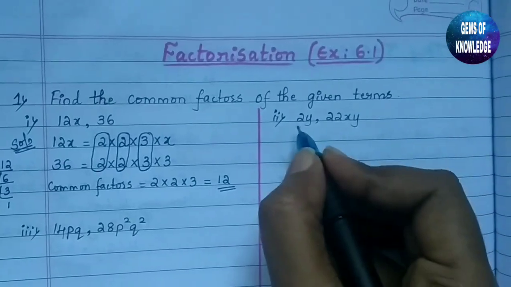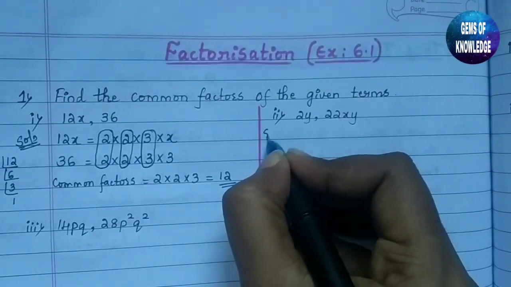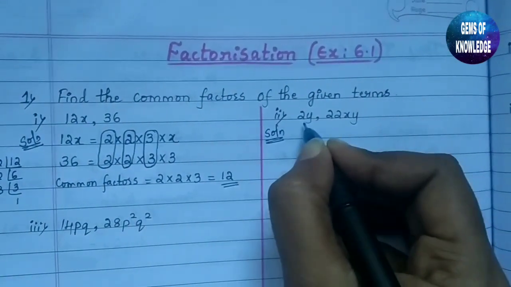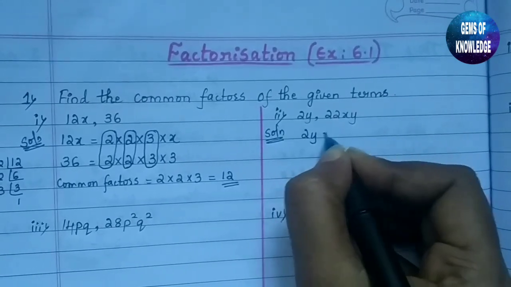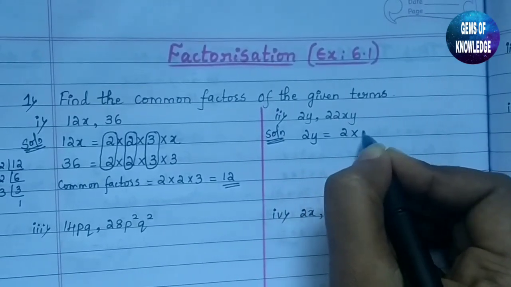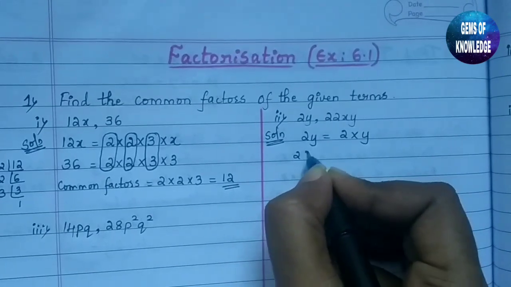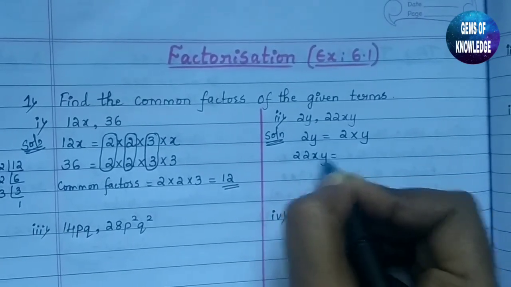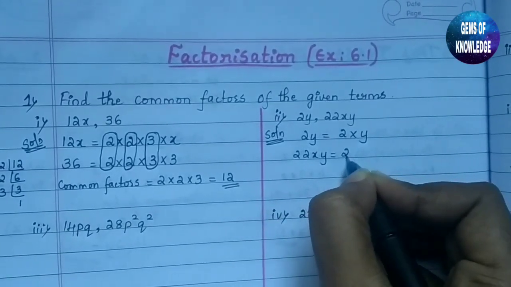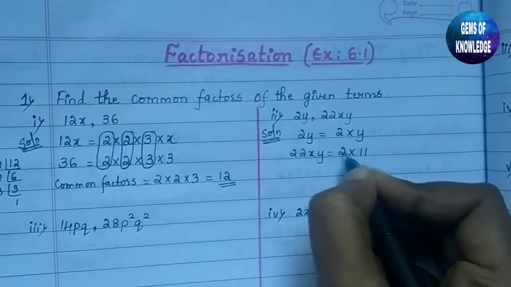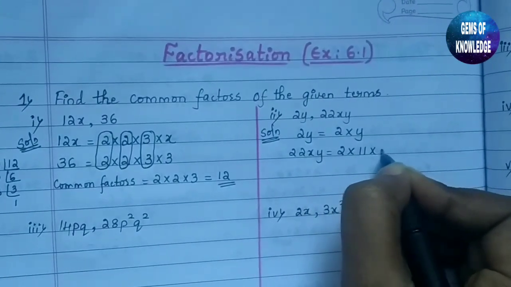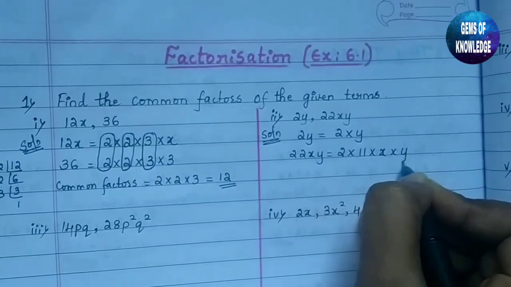Similarly, moving to the second one. Here it is given as 2y. So the factors of 2y are 2 into y. Similarly, 22xy is given. 22 can be written as 2 into 11, 2 11s are 22, into x into y.